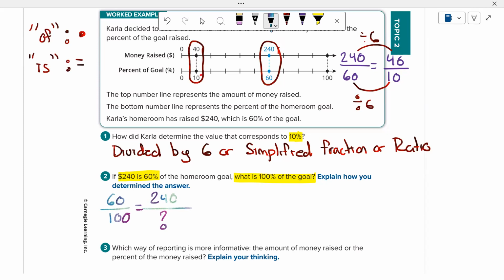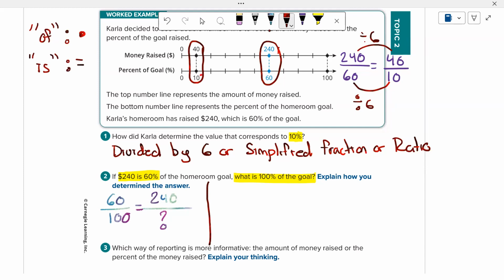So we take what we learned in activity 1 and our setup proportions. That's our equation to figure it out. Could we cross multiply and do our math to figure out 100% of it? Absolutely, we could. But we're going to try to use this double number line technique. So I will finish that part up later. I'm just making sure this red is what we're using for double number lines.